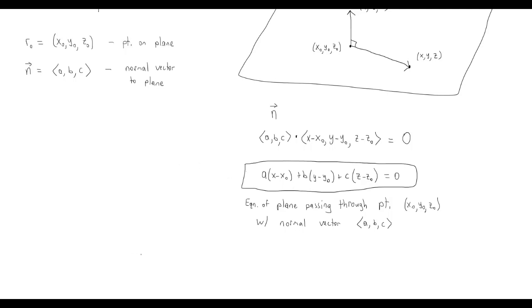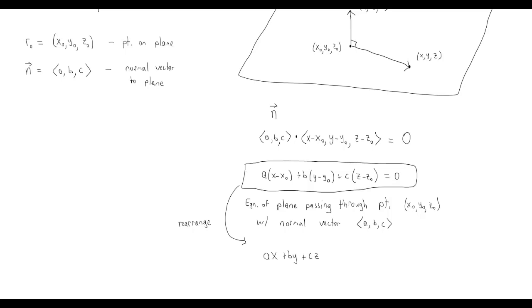Now, if we rearrange this equation a little bit and distribute the a, b, and c, we're going to get ax plus by plus cz.